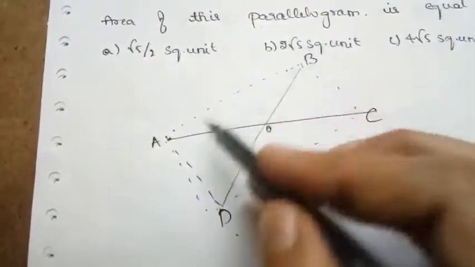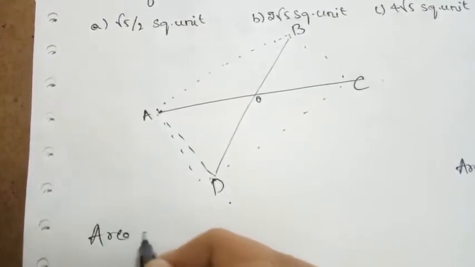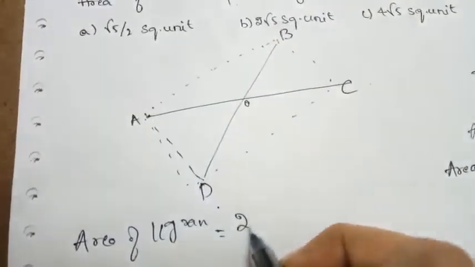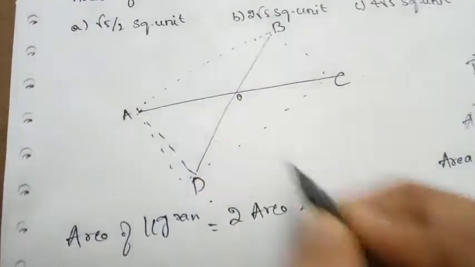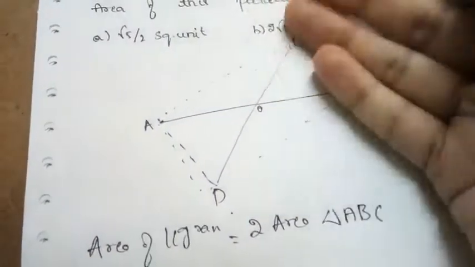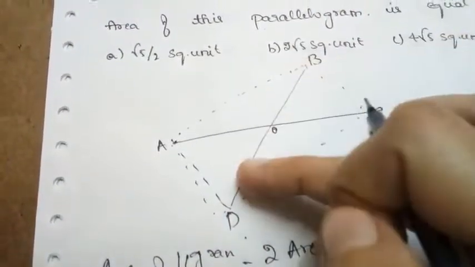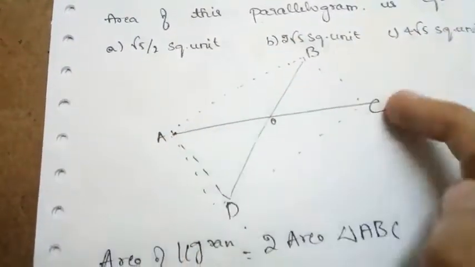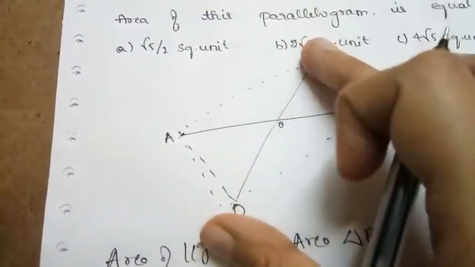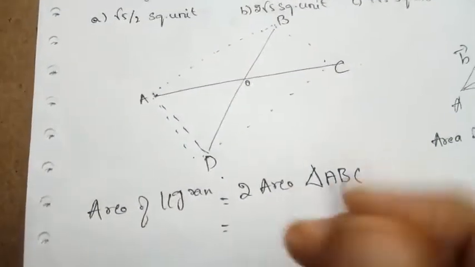We know clearly that the area of the parallelogram is equal to 2 times the area of triangle ABC. Will you agree? If you find the area of triangle ABC and flip it along the diagonal AC, we get two congruent triangles ABC and ACD. So 2 times the area of triangle ABC is the area of the parallelogram.